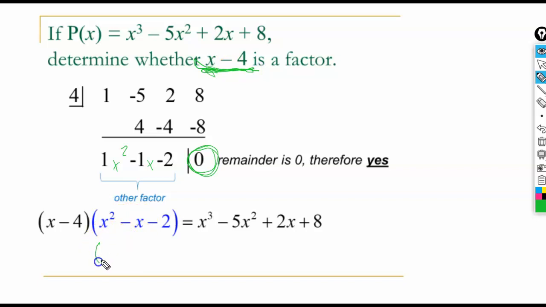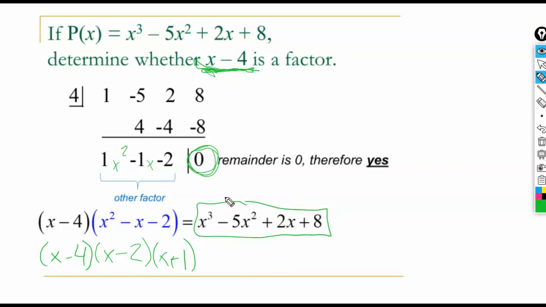Well, this we could factor again. Two numbers that multiply to equal -2 and add to equal -1 are -2 and +1. So that actually gets it to a point where we can finish factoring it. And so now we can find all three linear factors that when multiplied together give us this polynomial.